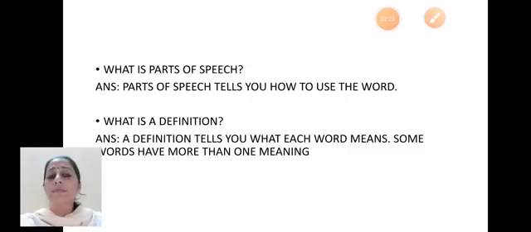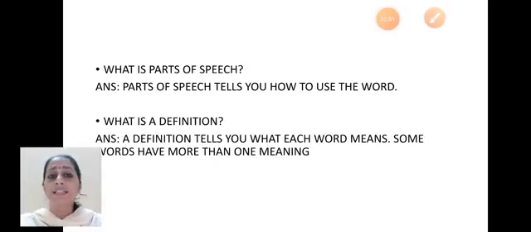What is parts of speech? Parts of speech tells us how the word is used, whether it is used as a noun, as a verb, as an adverb, or as an adjective. So parts of speech basically tells us how a particular word is used.